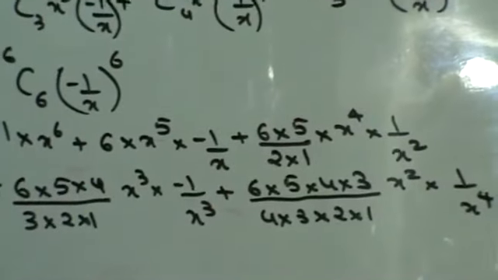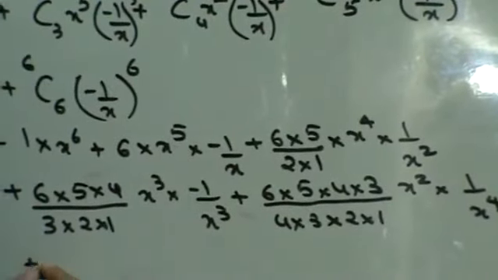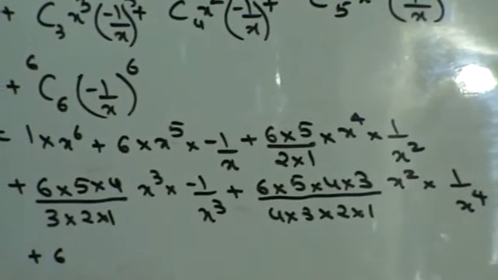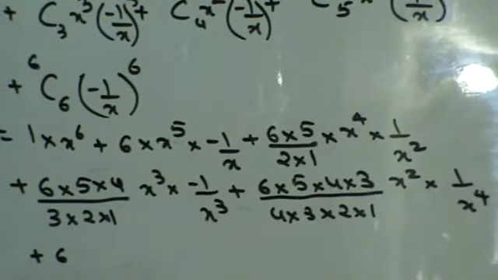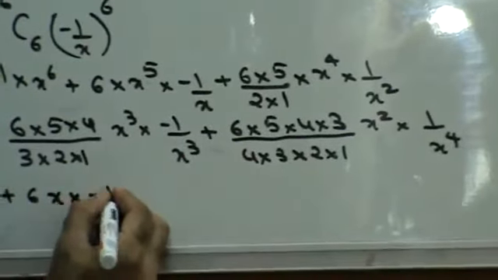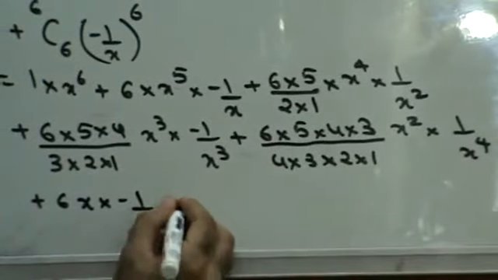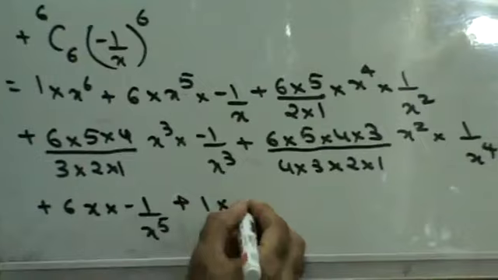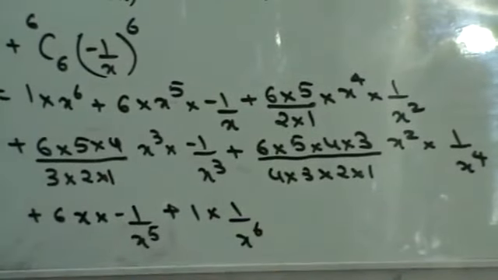Minus will become plus here, plus C6 of 5 is going to be 6 because 6, 5, 4, 3, 2 upon 5, 4, 3, 2, 1 into x into minus 1 upon x raised to 5, plus 1 into 1 upon x raised to 6, right?